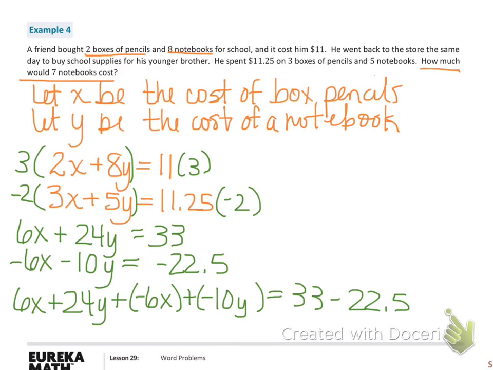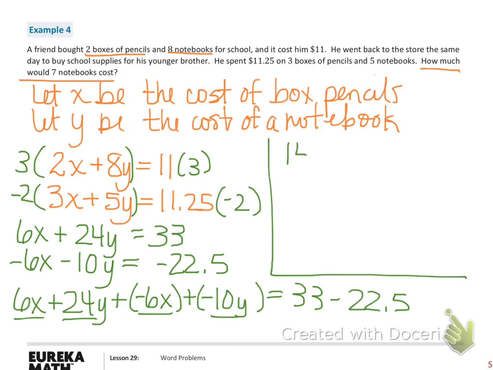Okay, so I'm going to give myself some room here now. Let's simplify that. 6x and -6x is 0 together. 24y minus 10y is 14y.